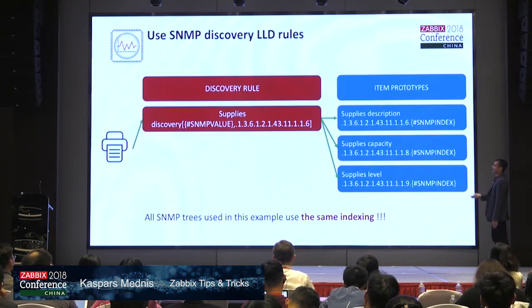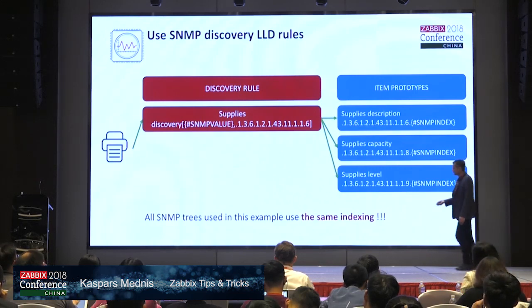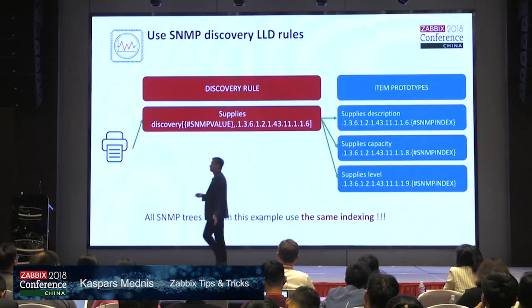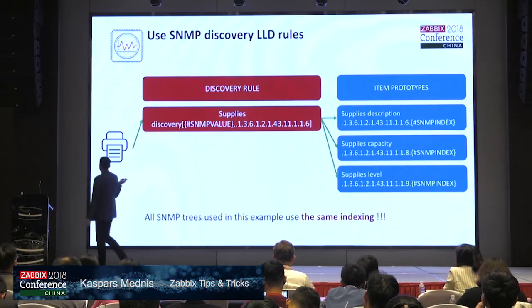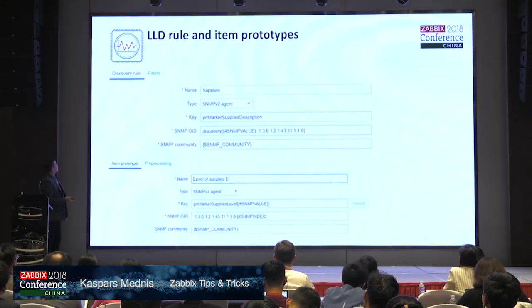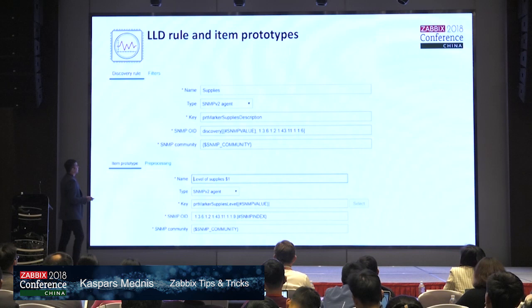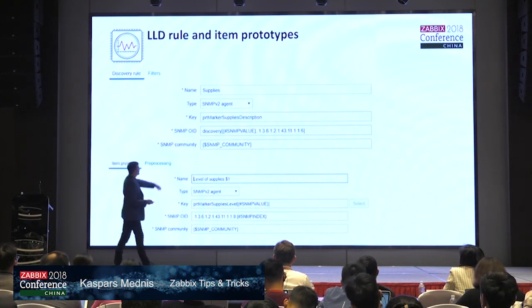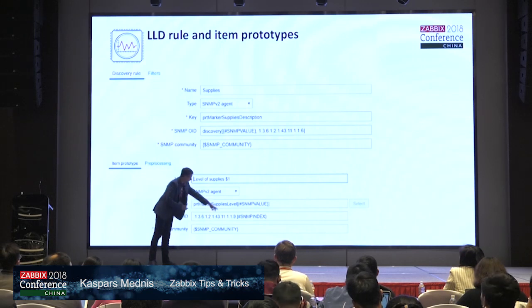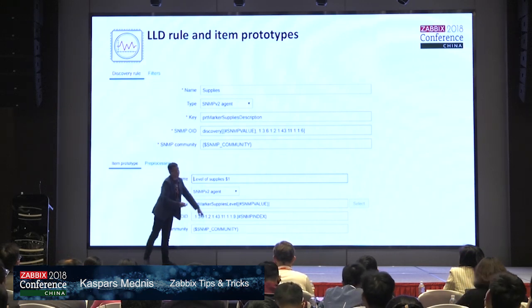It will find all the supplies and it will start monitoring. And this can be used not only on printers, but on any kind of device, on routers, I don't know, any device which can support SNMP. So here we have a discovery rule, which will discover SNMP OIDs by this tree, and here we have the item prototype.